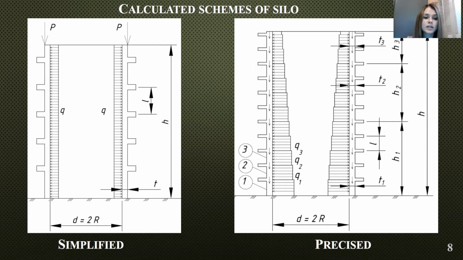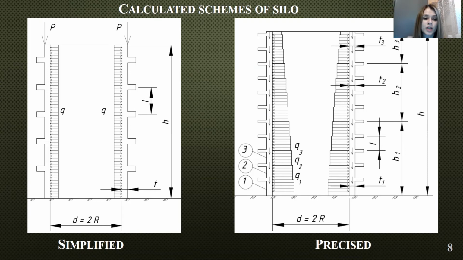A more precise calculation scheme is reduced to the calculation of the entire silo as a cylindrical shell with frequent discrete placement of annular ribs. The calculation is performed on the action of horizontal and vertical loads.